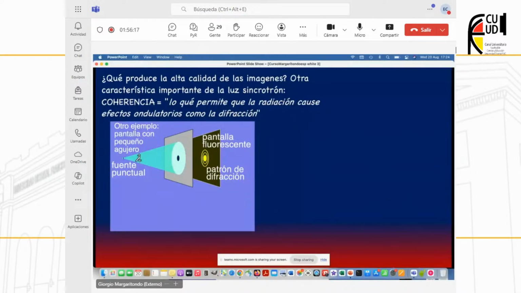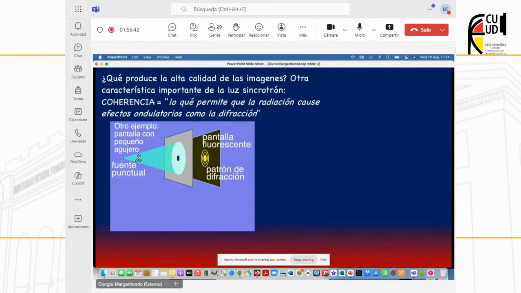And this point source is also fully monochromatic, meaning it only emits one wavelength. If these are the conditions, the source is fully coherent, and we are always going to get interference or diffraction. In this particular case, we are seeing the diffraction from a pinhole.